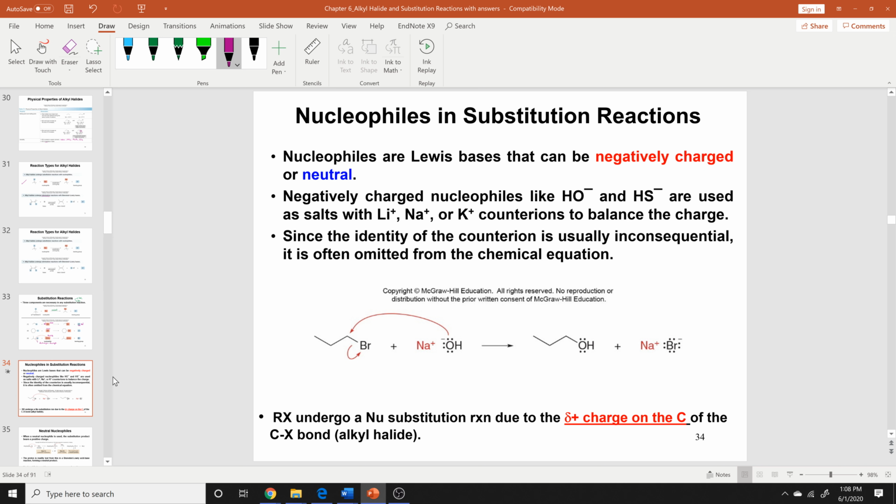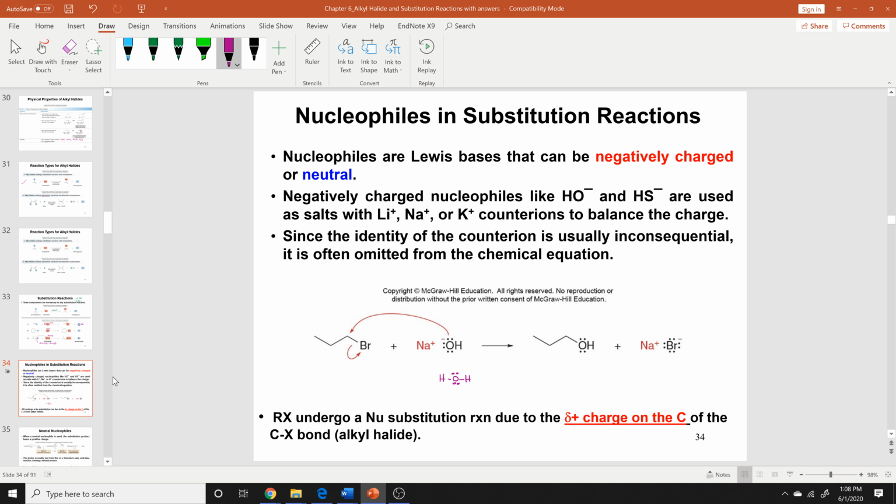And as I said, nucleophiles always have positive counter ions if they are negative charges. If they are neutral, they don't need any counter ion. Like for example, water. Water is a neutral nucleophile. Why is it a nucleophile? Because it has lone pairs on the oxygen. By definition, a nucleophile needs to have lone pairs. If it has lone pairs and the negative charge, it will be strong.